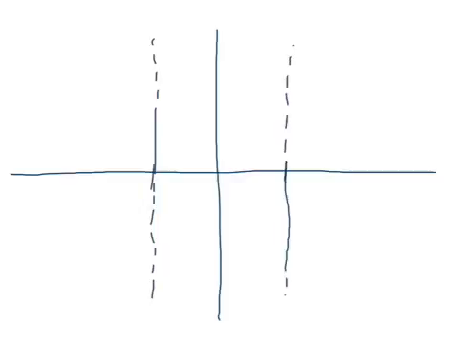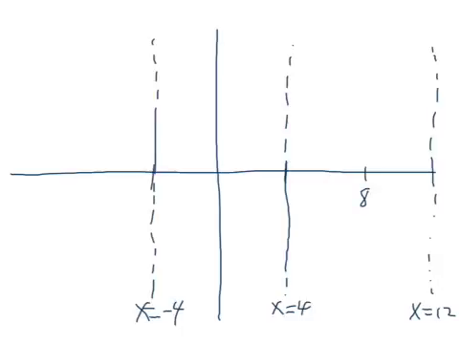So they are at x equals 4 and x equals -4. And since the period is 8, if I go another 8, x equals 12, that'd be another period. And halfway between would be 8. And then if I go the other direction, 8 more, it'd be x equals -12, and halfway between these would be -8.